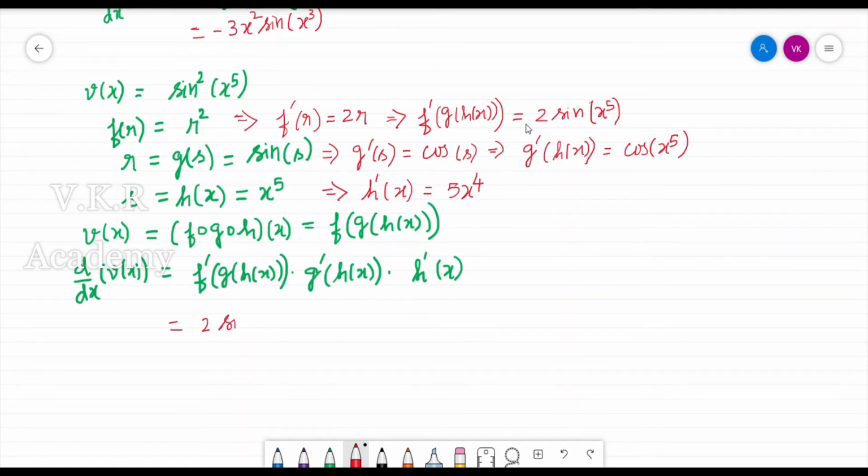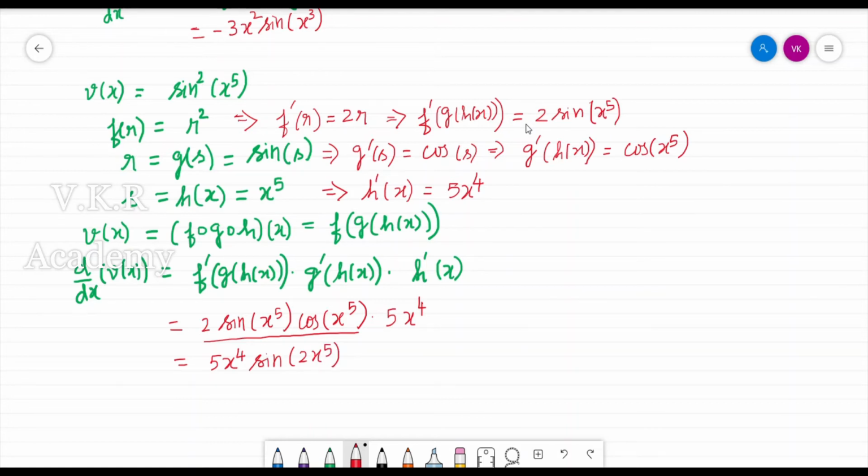So d by dx of v of x is equal to 2 into sine of x power 5 into cos of x power 5 into 5x power 4. By using the trigonometric identity, 2 sin a cos a is sin 2a, so it is 5x power 4 into sine of 2x power 5.